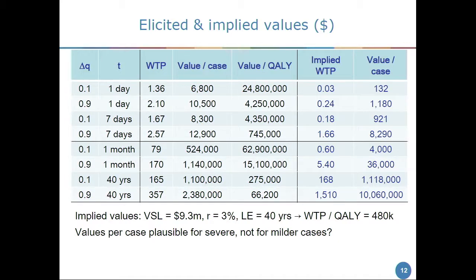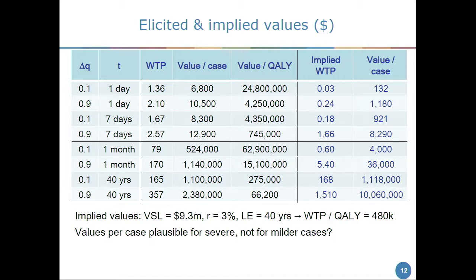And that implies the value per quality is astronomical for the very short, mild illnesses, much smaller for the long, severe illnesses. The last two columns then are doing what is often done, estimate the value per quality from a VSL estimate, assuming the VSL is proportional to the qualities lost from the sudden death situation.